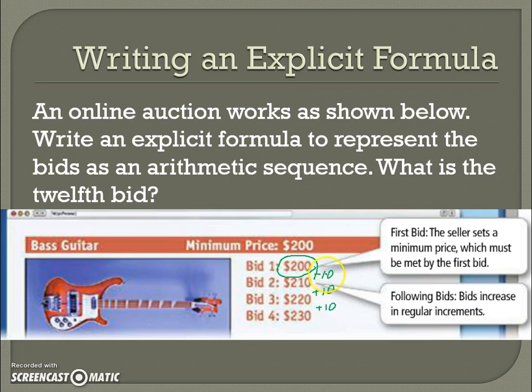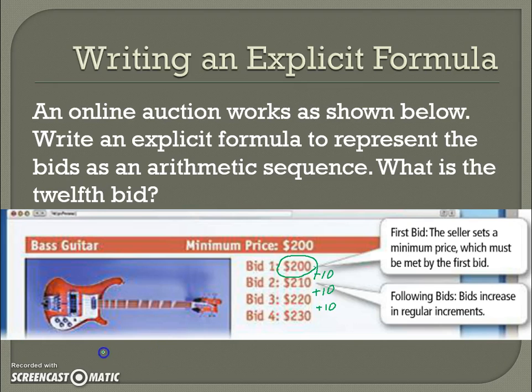So using these two bits of information, all you're going to be doing is plugging it in to that formula that you wrote down from the first slide. So from there, very, very simply, we just fill this in.